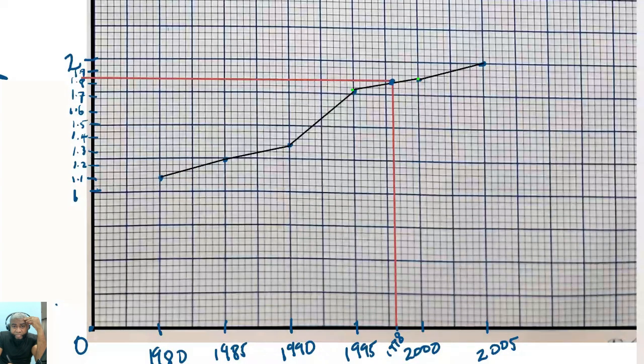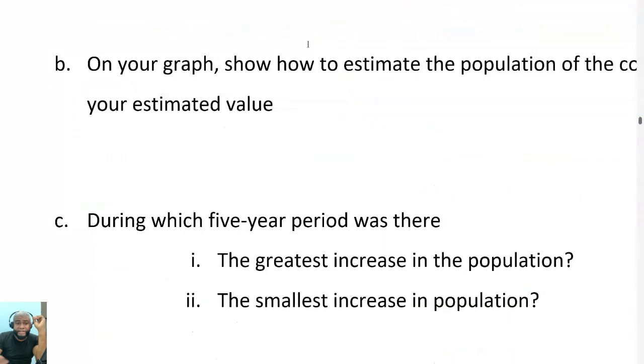You could establish a point, and then from this point, you go across to the y-axis to see what amount the population would be for 1998. And I'm getting 1.85, because it's in between 1.9 and 1.8. So the population amount I'm getting is 1.85 million. Okay, guys?